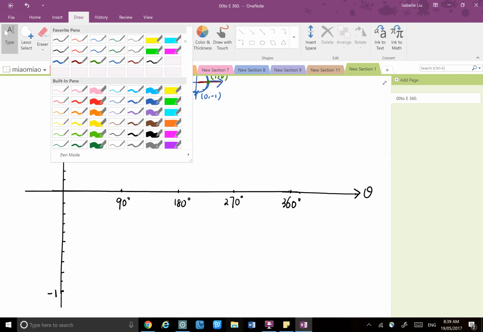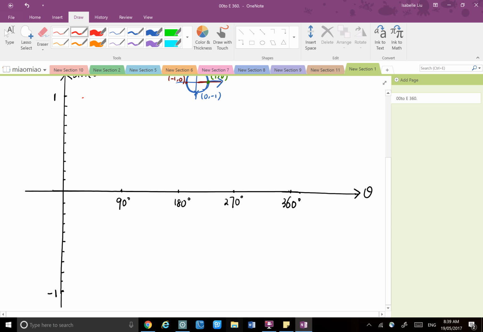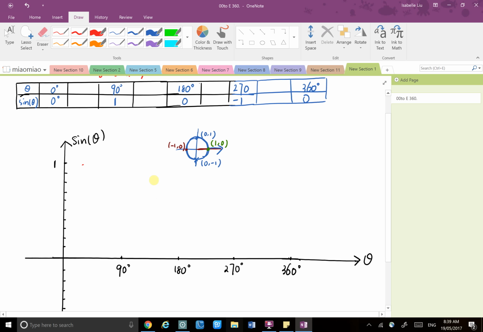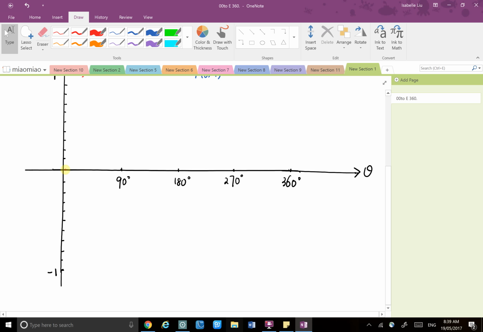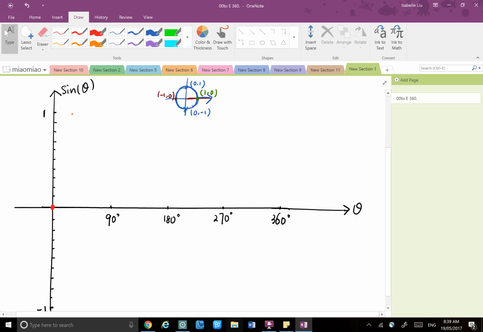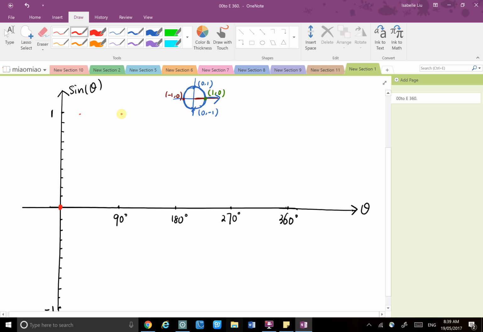I will use red color to label the points. Let's have a think. When theta equals 0, sine 0 equals 0. A point here. When theta is 90 degrees, I have 1. Which one is here?